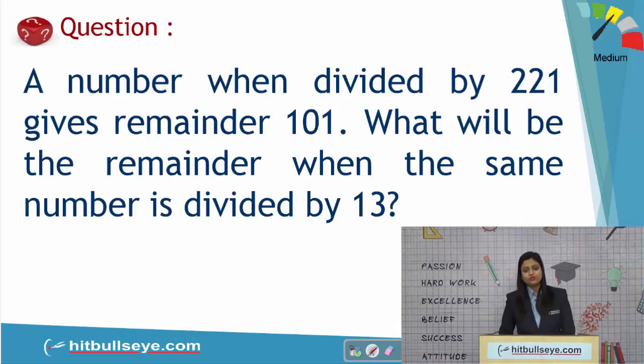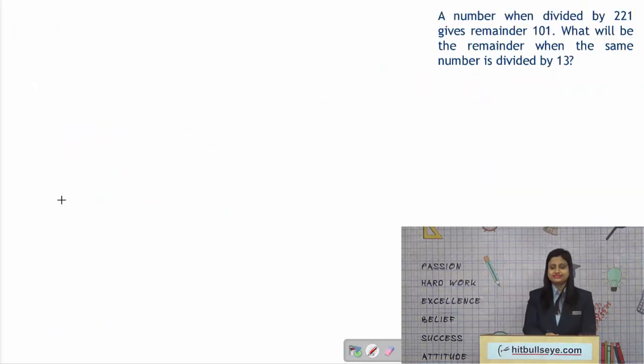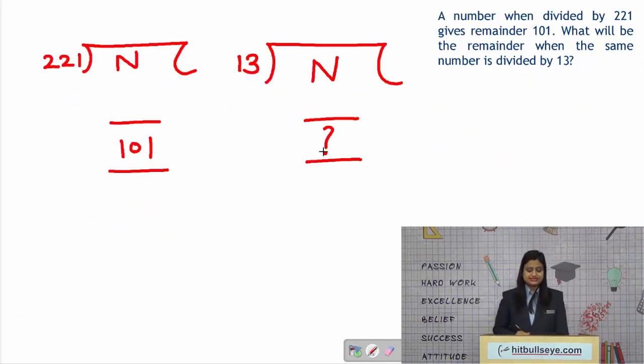Now let us take one more good question on divisibility. It says, a number when divided by 221 gives remainder 101. What will be the remainder when the same number is divided by 13? First of all, let us discuss the meaning of this question. It says a number n, let us assume the number to be n. When divided by 221, we are getting a remainder of 101.